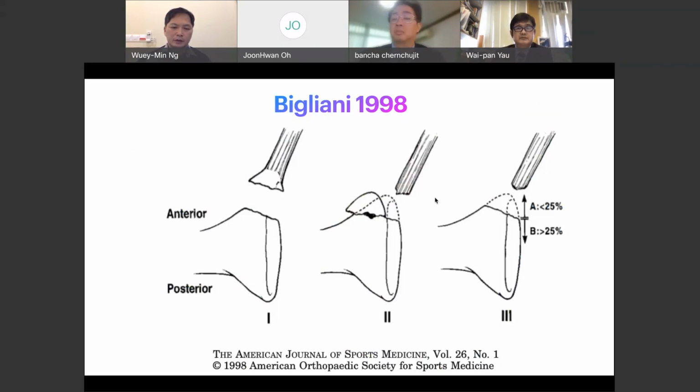Group 1 is the avulsion fracture. Group 2 is the avulsion fracture with rupture of the capsulolabral complex, where the bony avulsion heals more medially and inferiorly. Group 3 is divided into A and B depending on the glenoid bone loss, whether it's more than 25% or less than 25%.